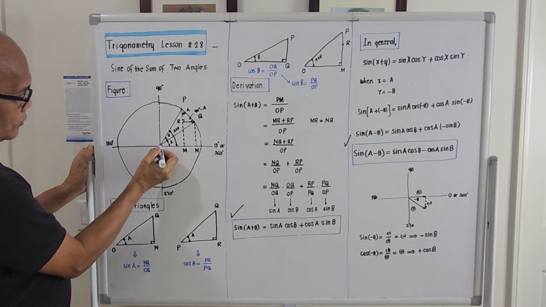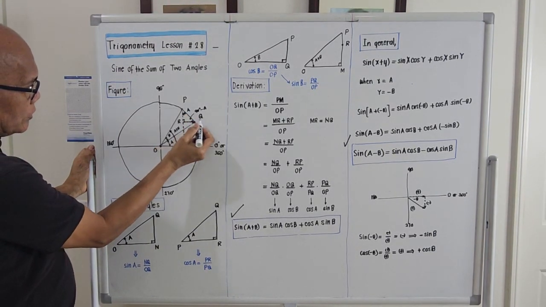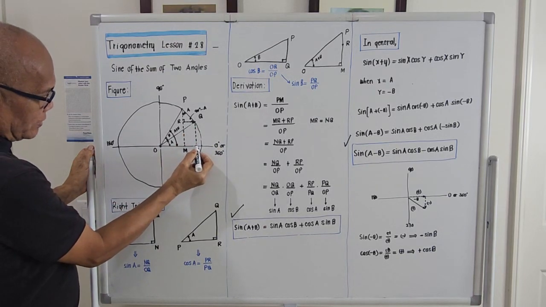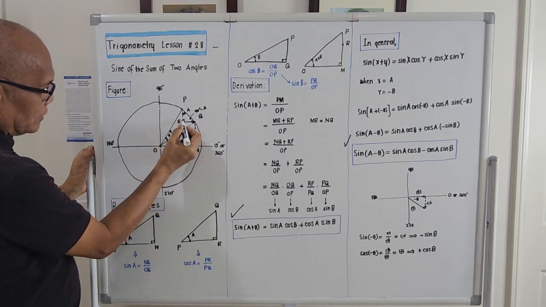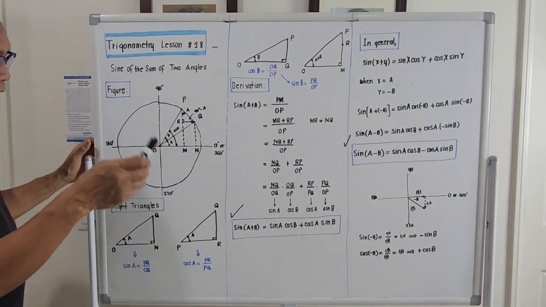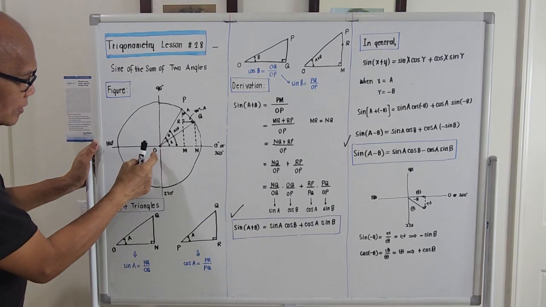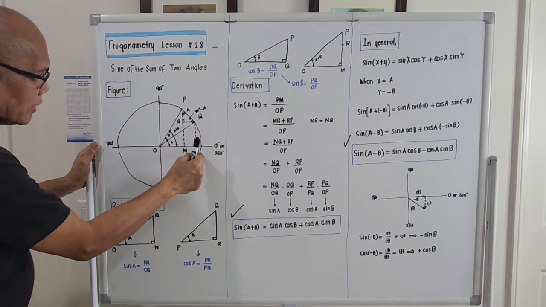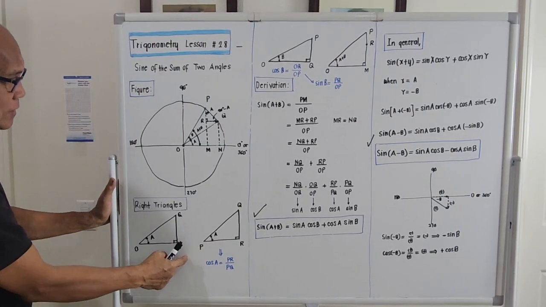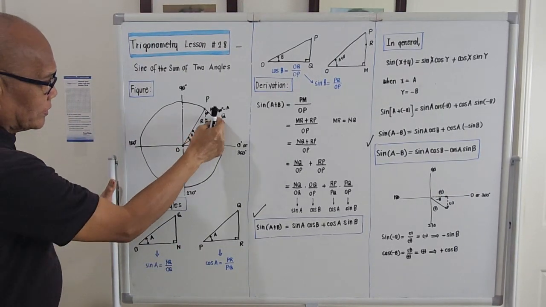This is point O, P, this is Q, this is N, this is M, and this is R. The first triangle is actually this one, triangle OQN.